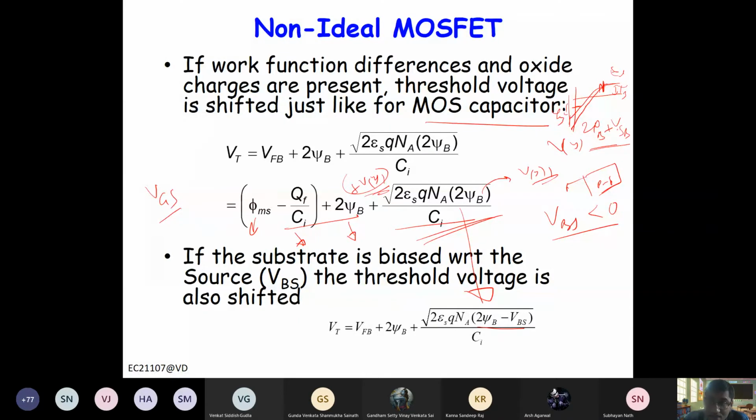And what will happen if you have a body bias? What will happen to threshold voltage? This term will increase, because VBS is negative. So your VT will increase. So if you have a body bias, your VT will increase. That means you can control your threshold voltage by applying a body bias, right?